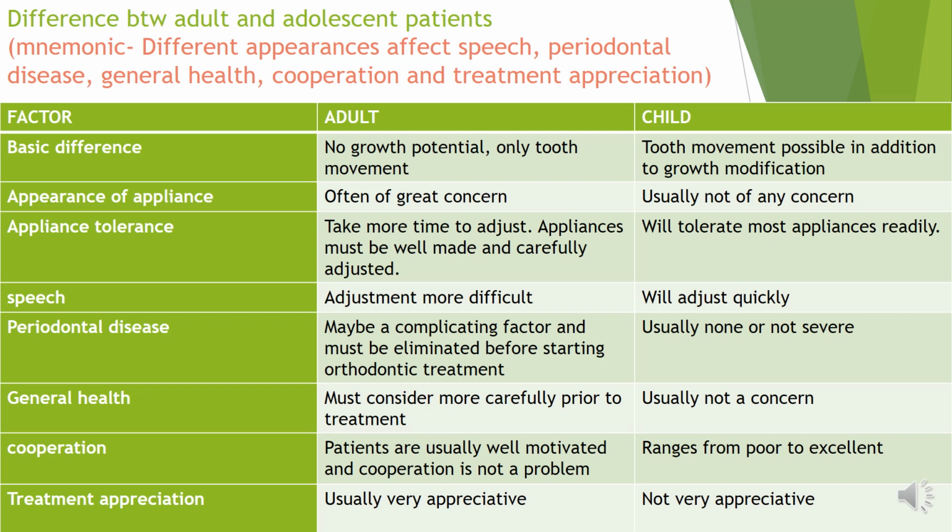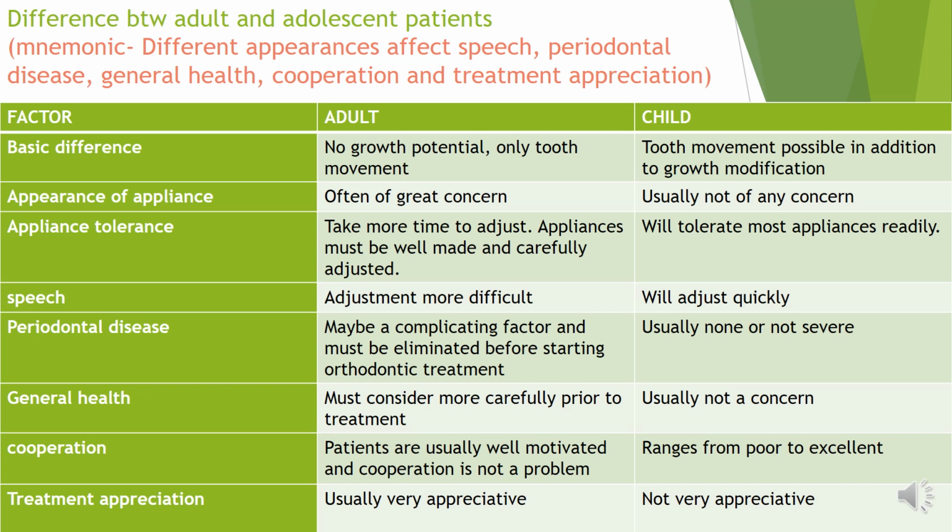Usually, it is not of any concern in children. Adults take more time to adjust. Appliances must be well made and carefully adjusted. Children, however, tolerate most appliances readily. Speech. Adults find it more difficult to adjust, whereas children will adjust quickly.